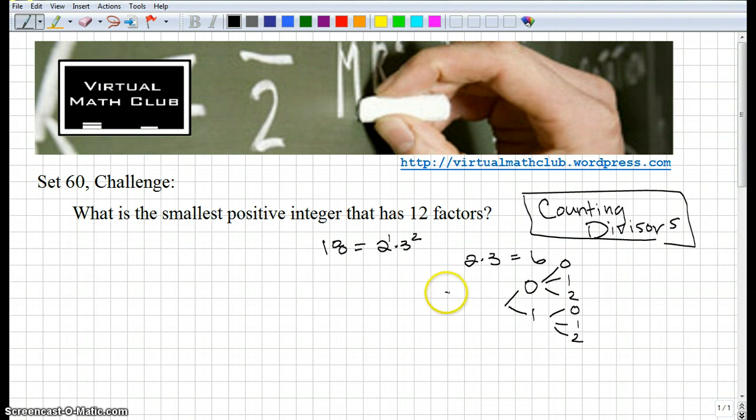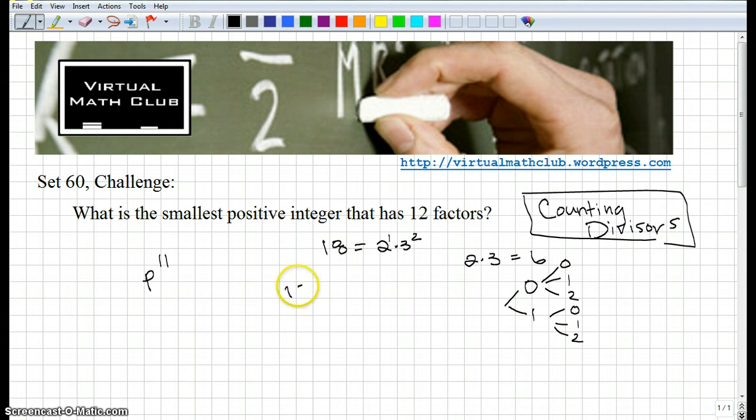Based on that, we know that if we have a positive integer that has 12 factors, we could have some prime number to the 11th power. That would give us 12 factors. But basically we need to look at the factors of 12.